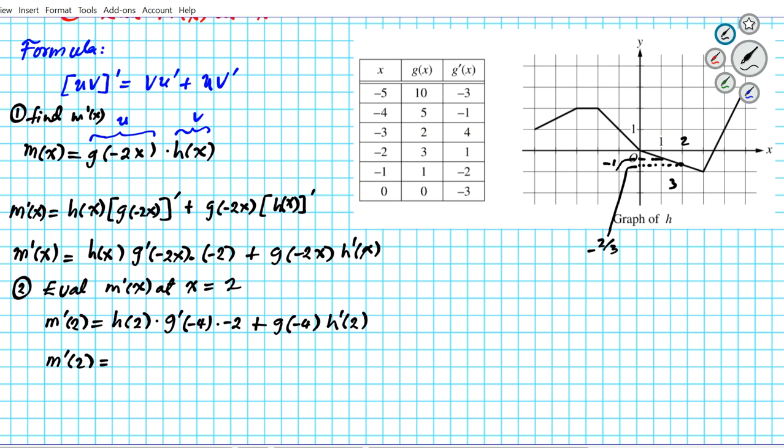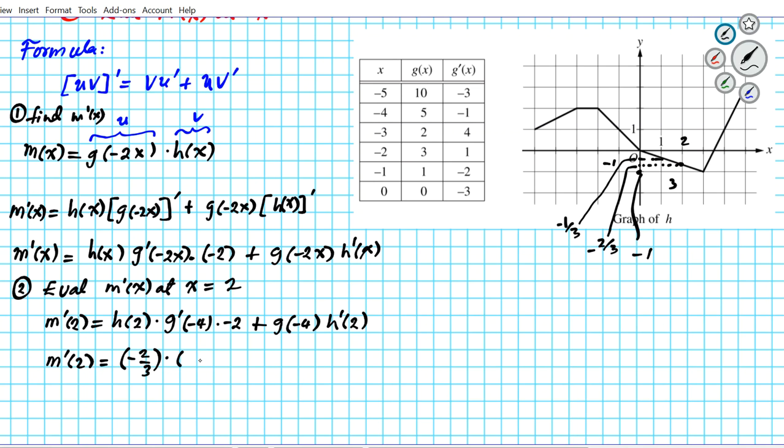And then that value over there is negative 1/3, and then this value over here is negative 1. So following the slope, this part right here is going to be negative 2/3. So h of 2 is going to be negative 2 over 3 times g prime of negative 4, and using the graph, g prime of negative 4 is negative 1.